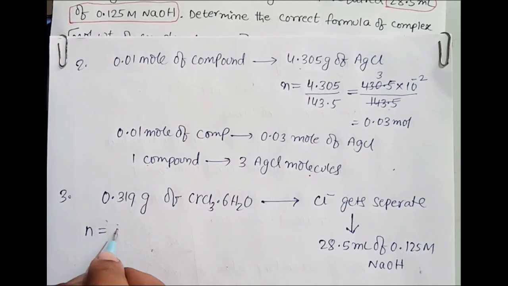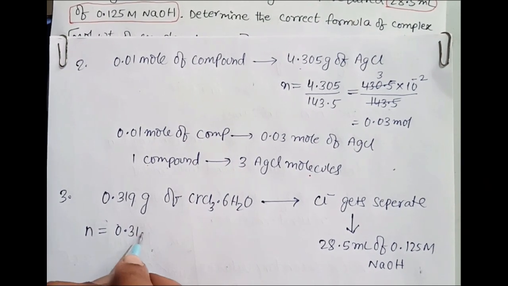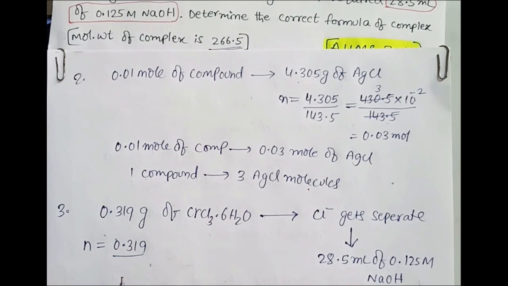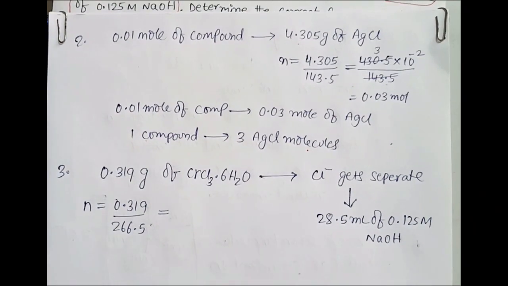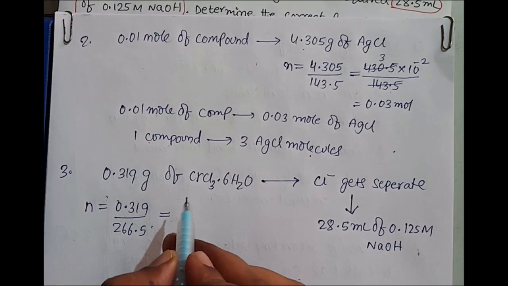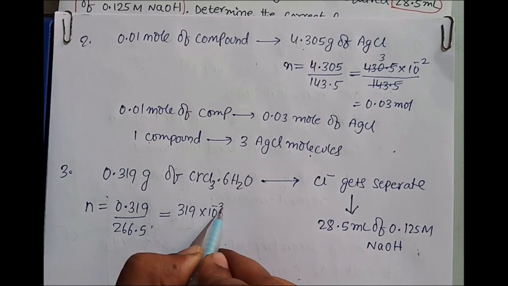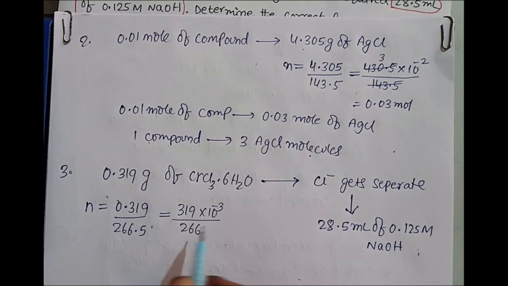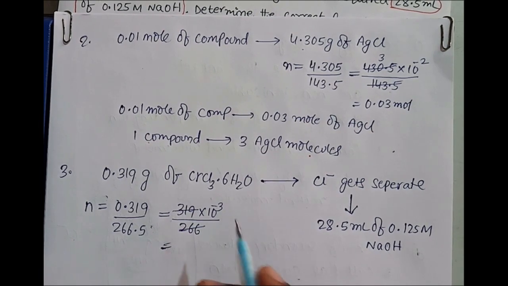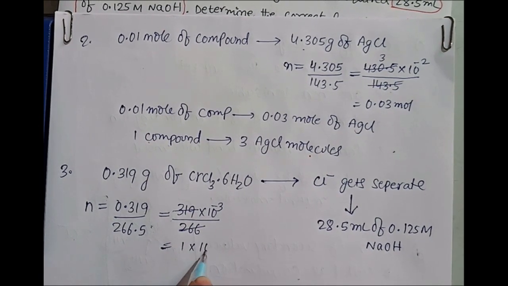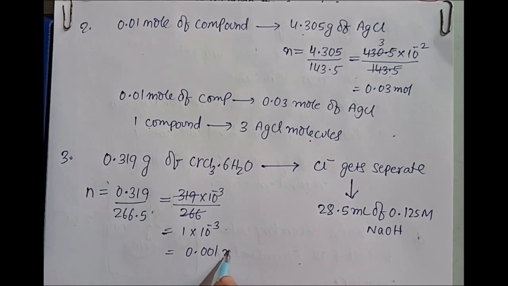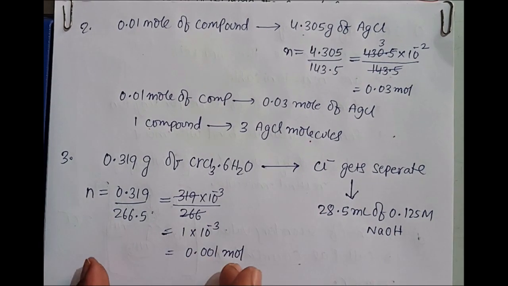Number of moles is equal to given mass upon molar mass, 0.319 divided by 266.5. Approximately 319 into 10 power minus 3 divided by 266, so approximately 1 into 10 power minus 3, it is 0.001 mole. This is the compound I am taking.